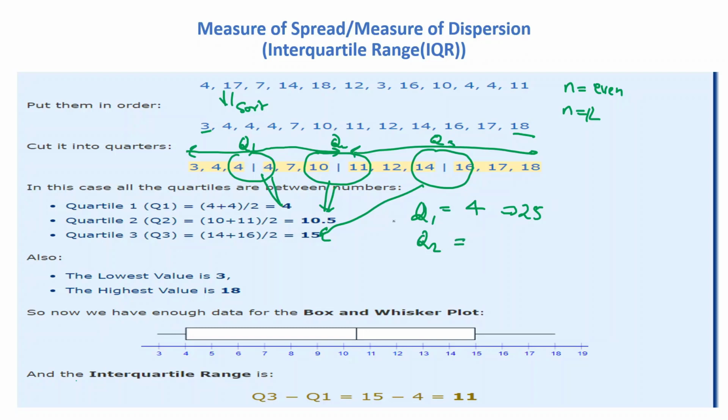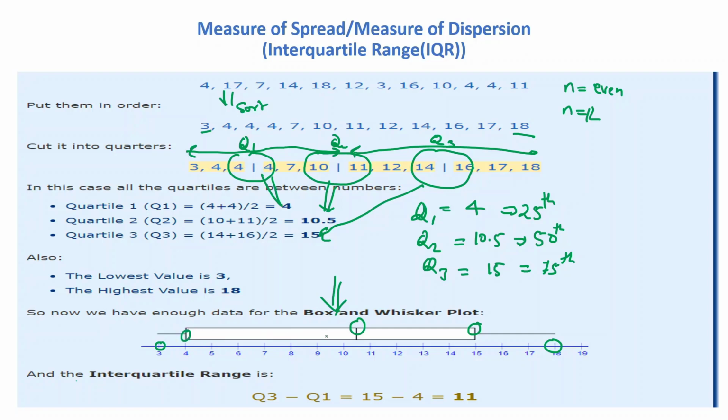Q2 is 10.5, the 50th percentile, and Q3 is 15, the 75th percentile. The lowest value we have is 3 and the highest value is 18. By using this we can draw the box plot: this is your lowest value, this is your highest value 18, this is your Q3 at 15, Q2 at 10.5, and Q1 at 4.